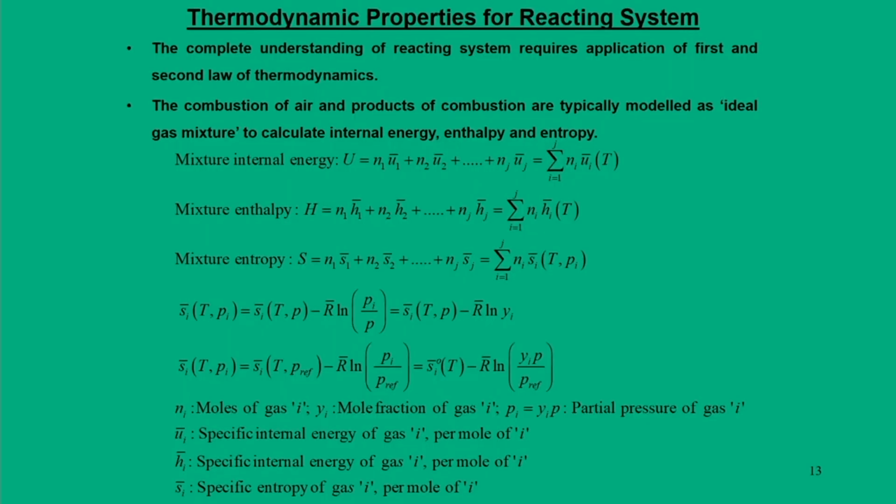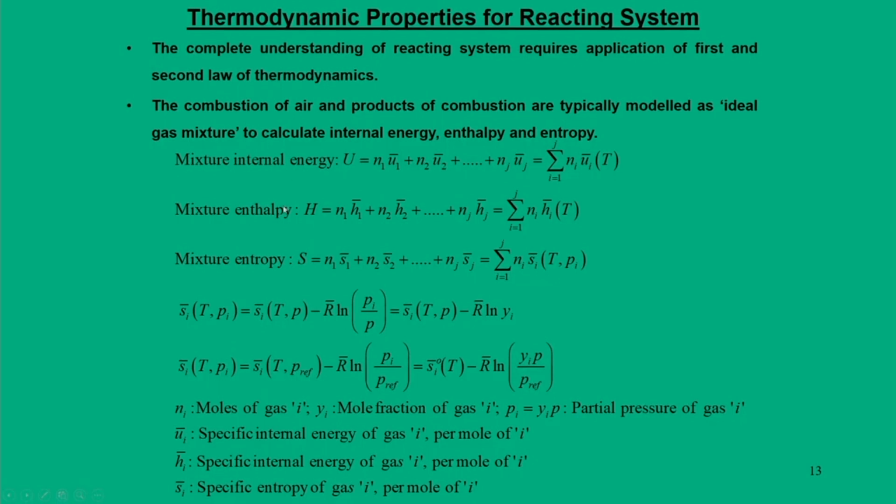So, the reference line for the combustion study is that it is a mixture of reactants and products, and we have to find each constituent's mole fraction and individual parameters, and multiply them with their respective mole fraction or mass fraction to get the effective thermodynamic parameters, like internal energy, enthalpy, entropy.